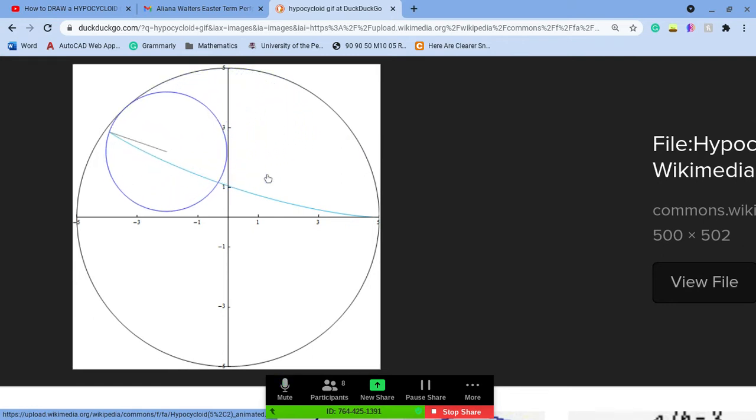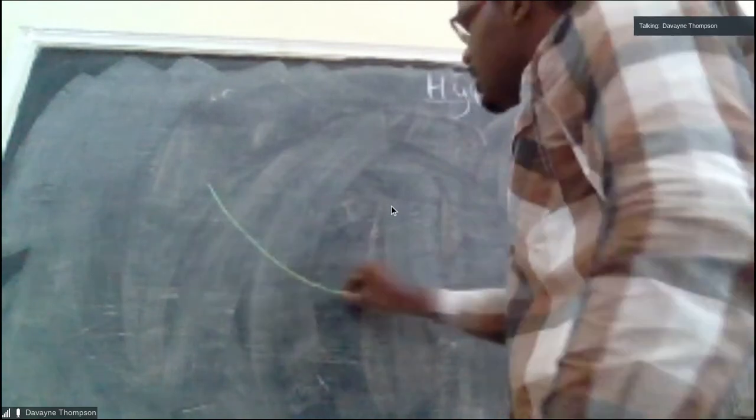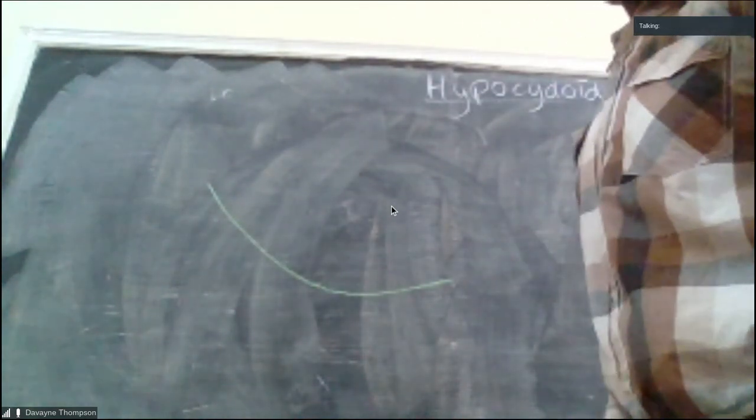This is the path of a circle along the inside of another circle. Exactly. So the path of a point of a circle that rolls on the inside of another circle. Excellent. So the curve you can predict would not be this, nor this, but rather it would be like that. Alright?